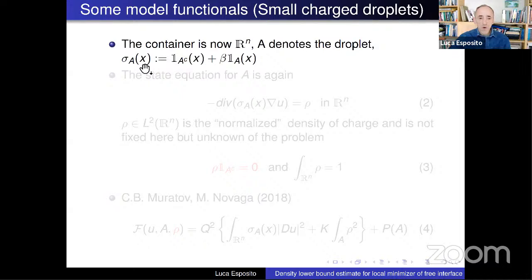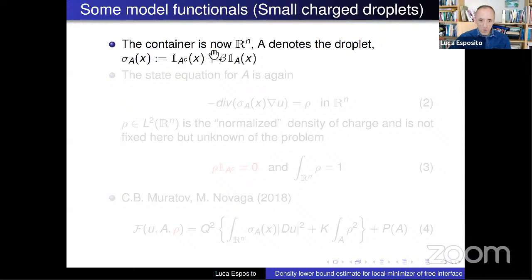So now the function sigma is equal to beta inside A, where beta is the conductivity of the droplet, and 1 outside, where 1 is the conductivity of the vacuum. So this is the reference, no container at all.